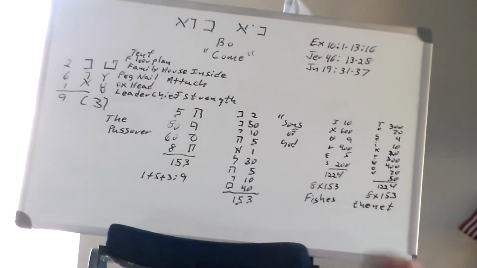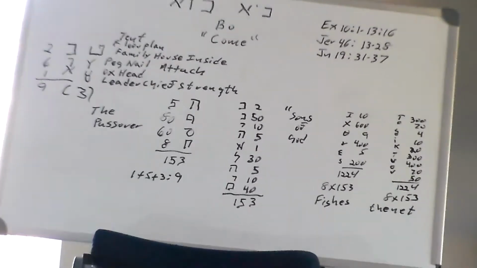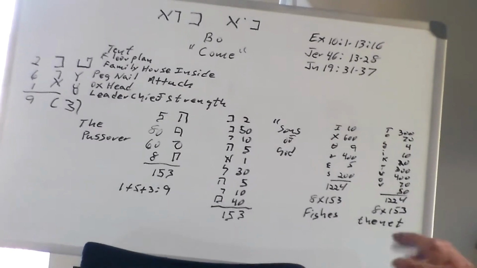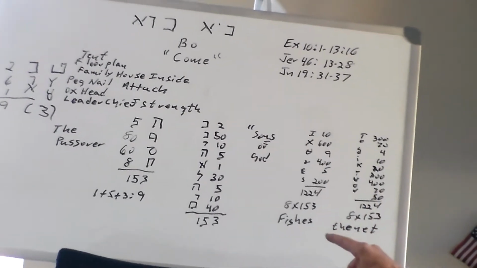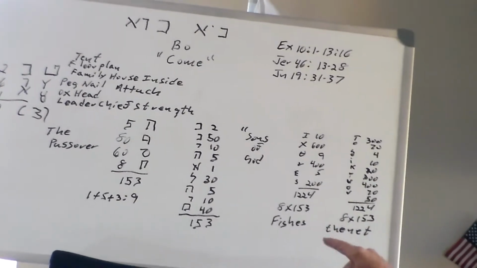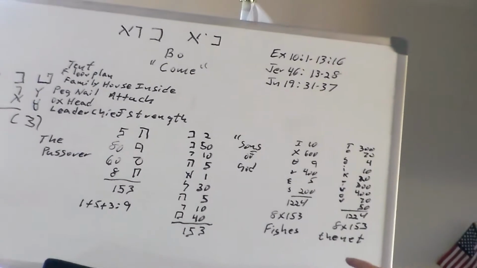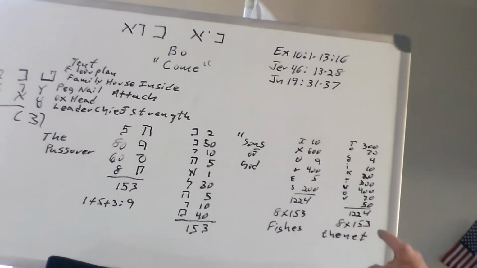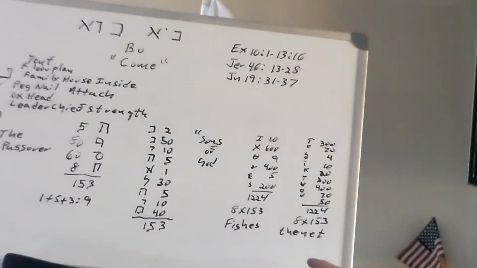I wrote a couple of things on here because this Torah portion includes the Passover. And you find if you take the word HaPesach in Hebrew, it adds up to 153. The Hebrew for B'nai HaElohim, the sons of God, adds up to 153.